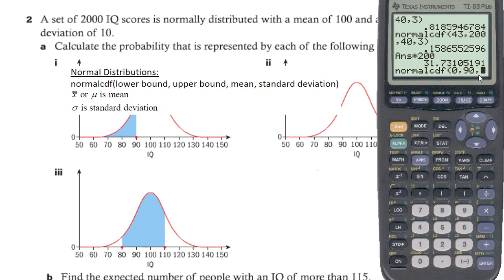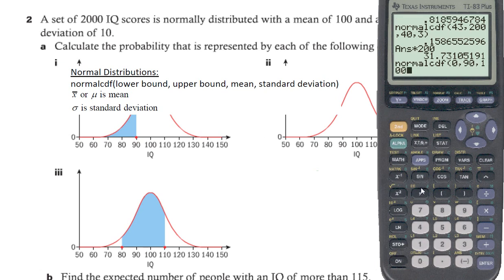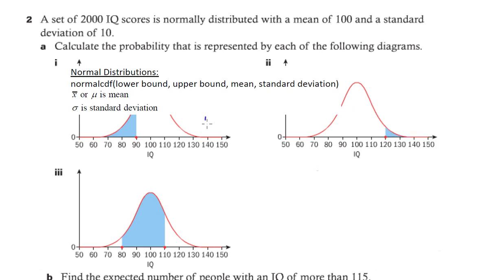It probably isn't going to make much, if any, difference, but just in case. Okay. The mean, it tells us, is 100, and the standard deviation is 10. Close our parentheses, and that tells us it's going to be 15.9% for this one here. Okay, this one here is from 120 up.